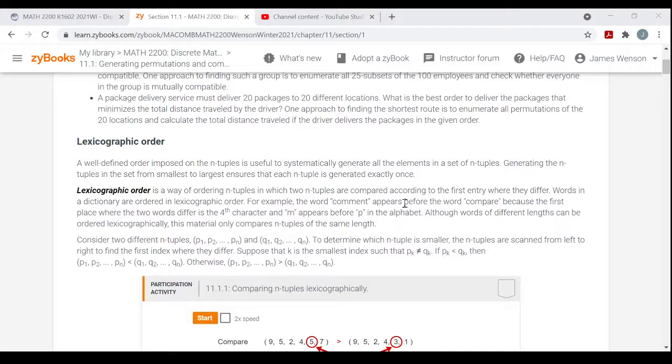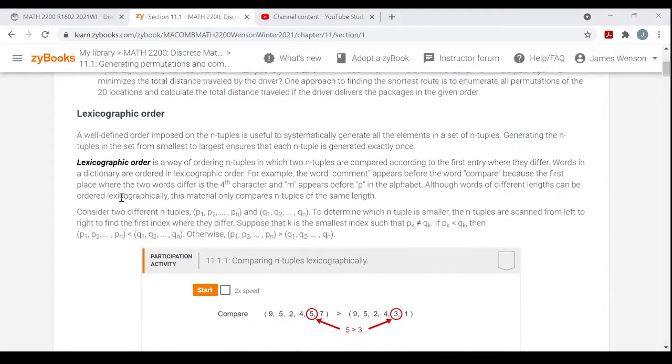And you're going to be doing something incredibly similar with numbers here. Although words of different lengths can be ordered lexicographically, this material only compares n-tuples of the same length.